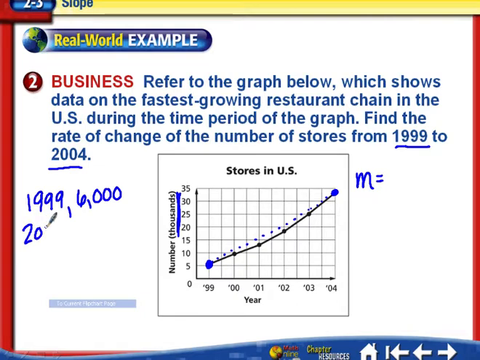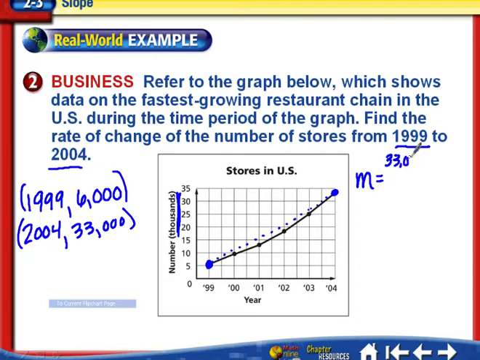And I'm going to say in 2004 that we have roughly 33,000. So that gives us our 2 ordered pairs. And again, you and I might estimate these 2 totals differently. So we might not all have the exact same answer, but we should be close.